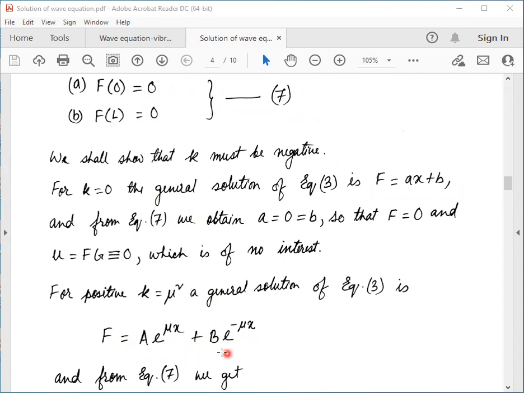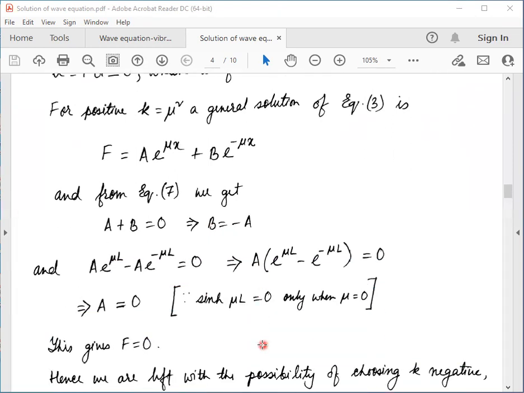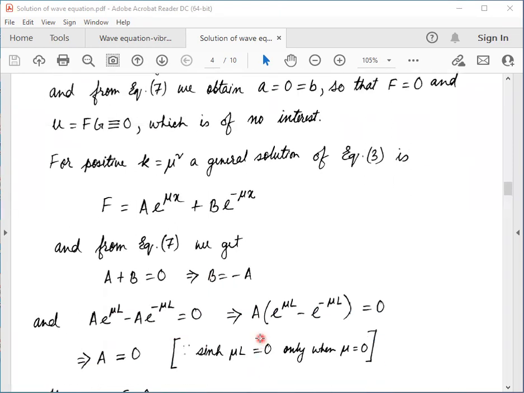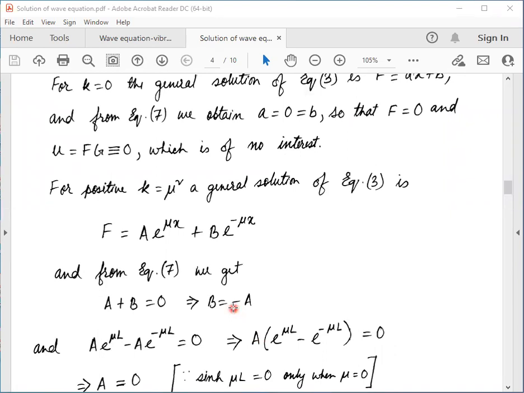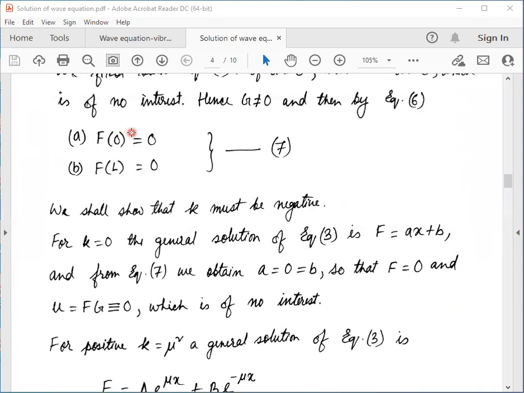So the right hand side becomes a plus b. The left hand side is 0. So a plus b equal to 0, that means b should be equal to minus a. From the first condition here, we get b equal to minus a.